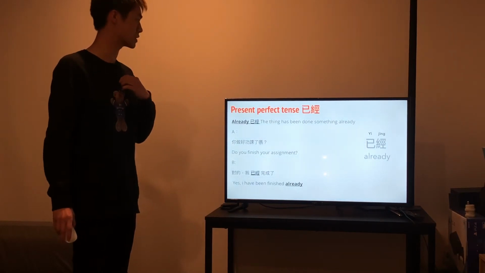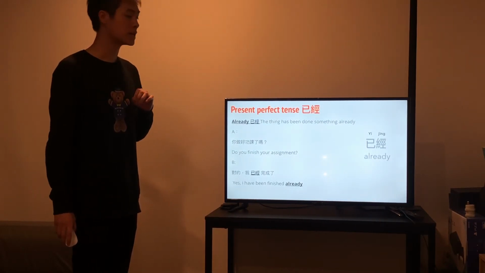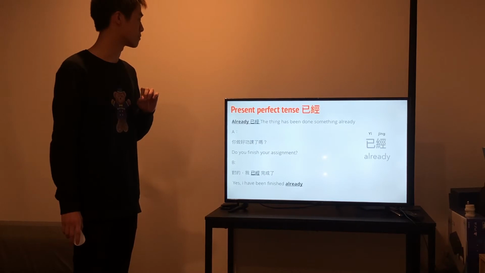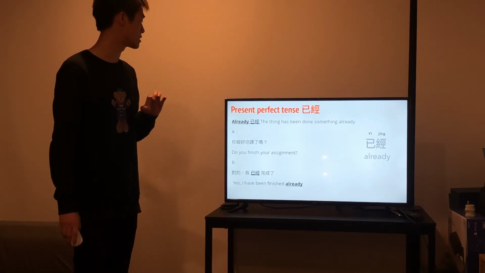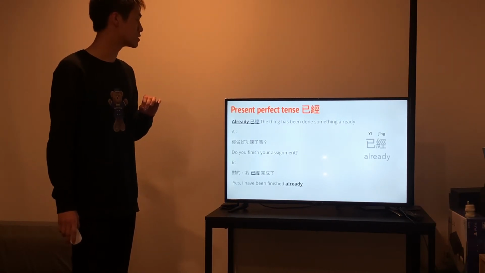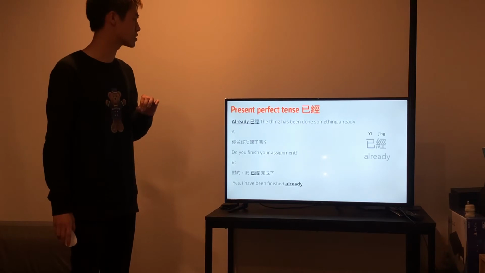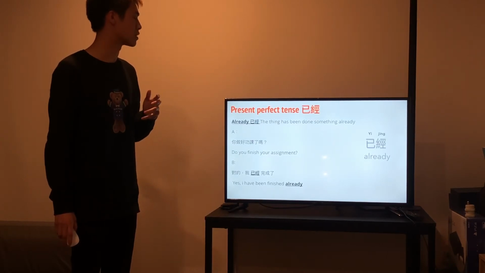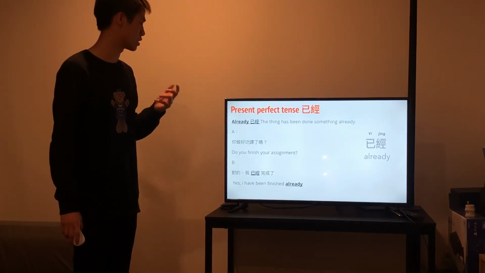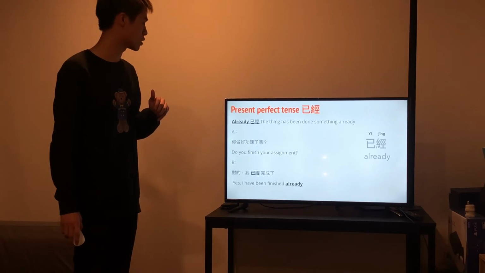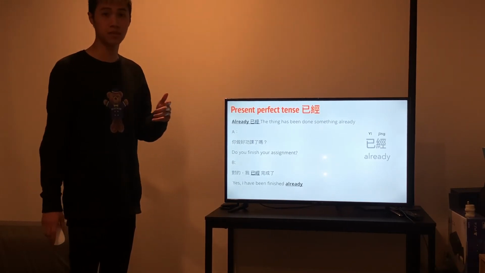The second word is 已经. It's like a present perfect tense, and 已经 means already. It talks about something that has been done already. Here the example is that someone asks, do you finish your assignment? 你做好功课了吗?